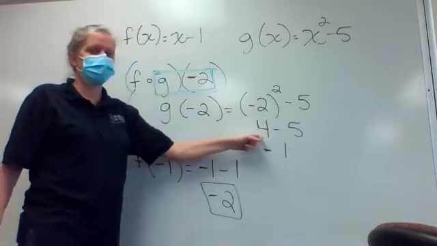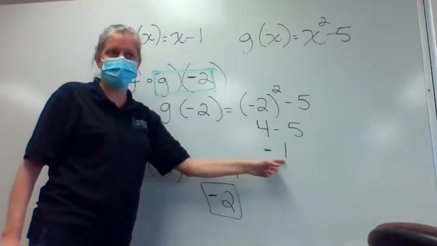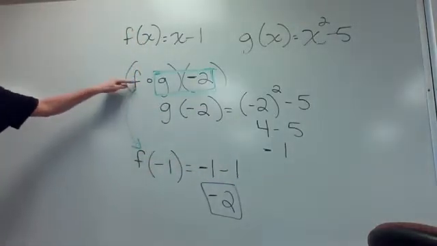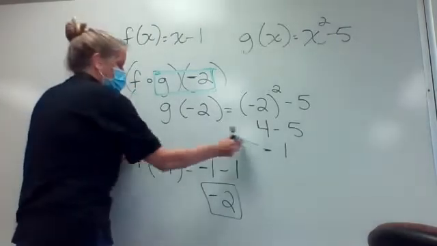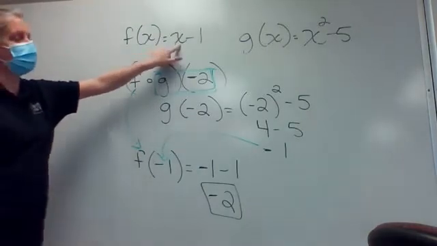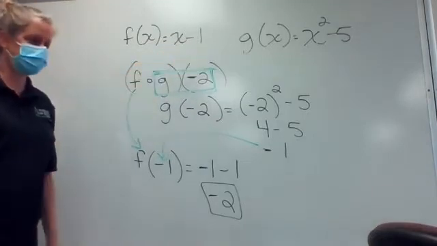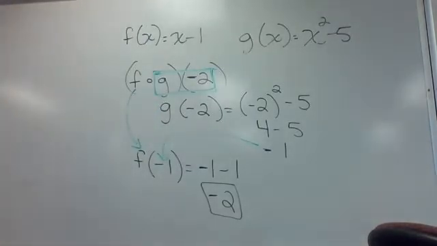Negative 2 squared is 4, minus 5, so that gave me negative 1, which tells me what I plug into the other function. Now you're bringing down f and finding f of that last answer, which means go to f now and replace its x with negative 1. Okay? Number 2.